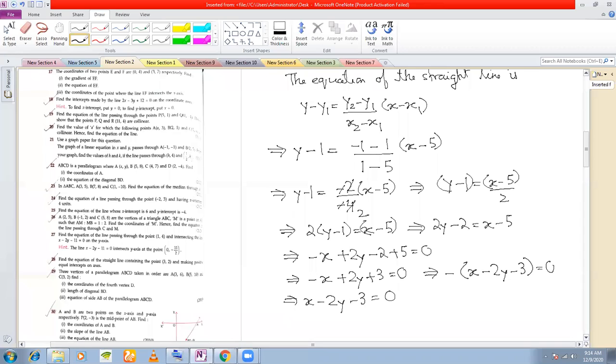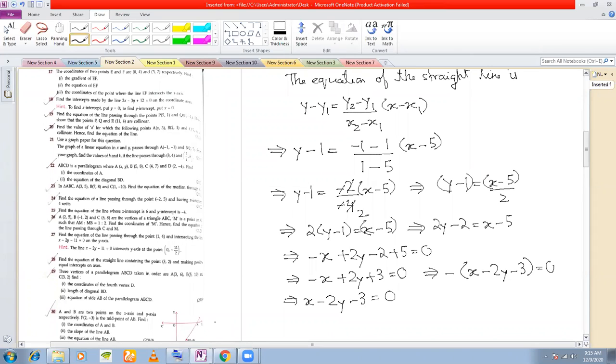The second part of the question states: hence show that the points P, Q, and R are collinear. Now this is the main question. If you remember, in section formula I had discussed collinearity. Collinear points means all points must be on the same straight line. I had discussed collinearity in section formula, and maybe in class 9 also with the help of distance formula.